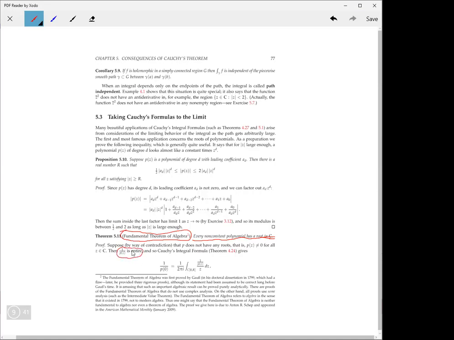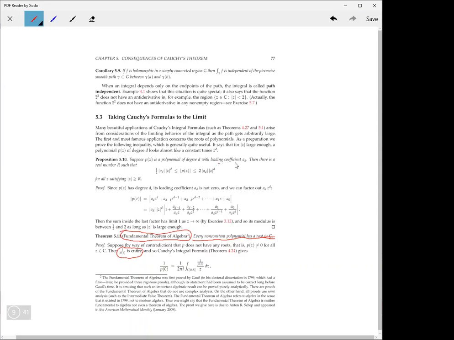It's like saying 1 over z is entire, which is ridiculous because it does have zeros, right? But we're just going to play along. We're supposing that P has no zeros, so 1 over P(z) is entire.